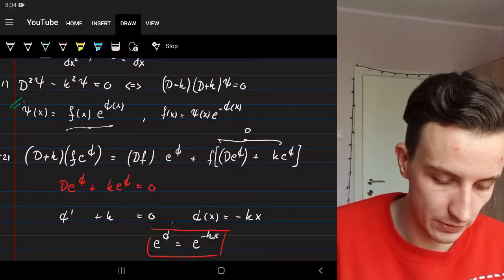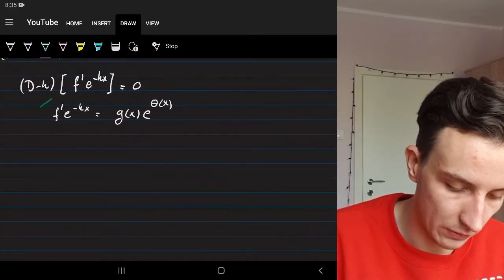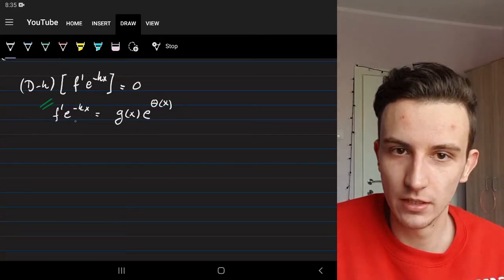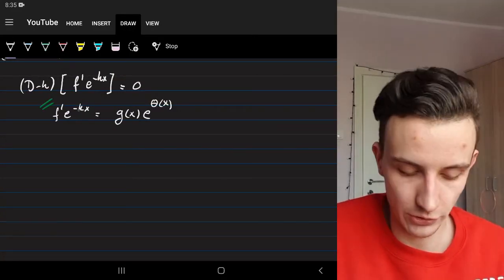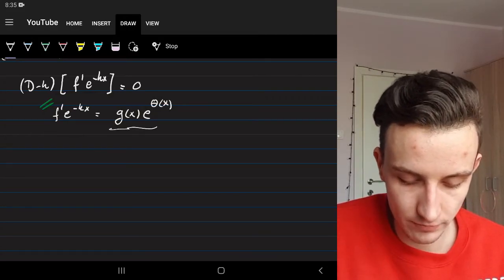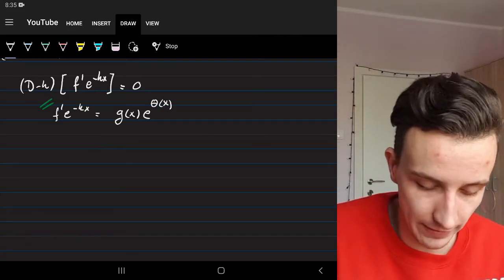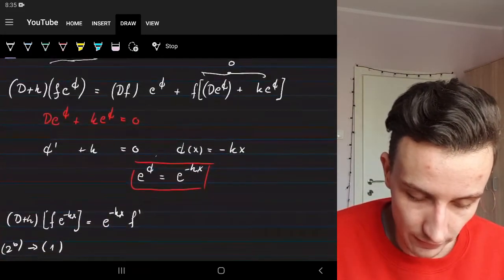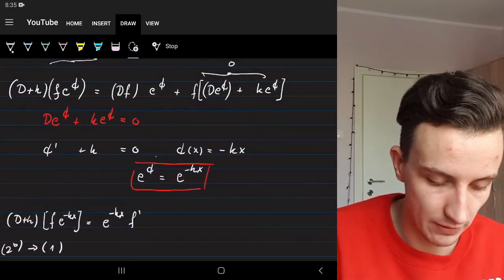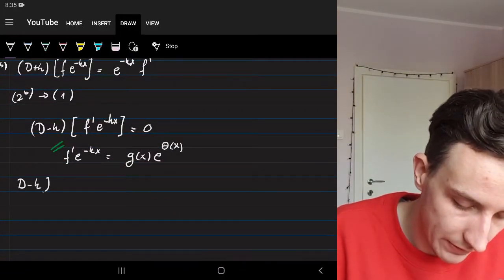So we've got this one, psi is f times e to the phi, and now this, which is also being acted on by this linear differential operator d minus k. We just define it as a function g times e to the theta. And now we could assume that everything is going to turn out the same, but let's just do it step by step anyways.